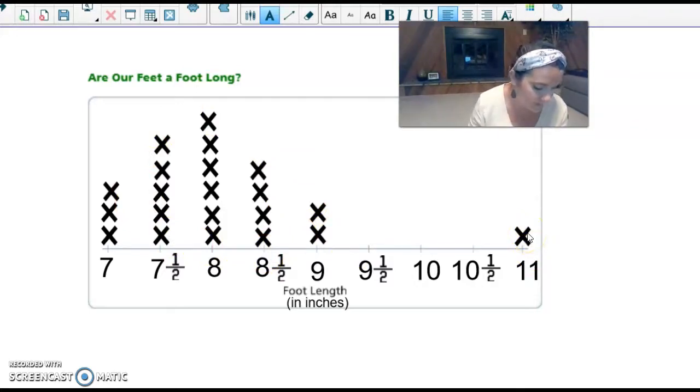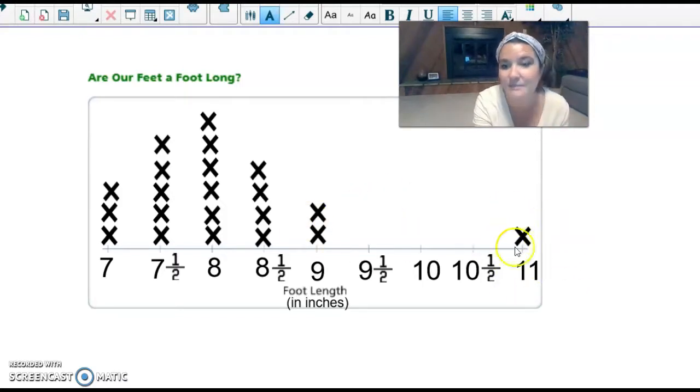Okay. Where is there few data? Where's the fewest pieces of data? Where's the fewest number of students? You're right, 9 inches. I'm sorry, that's not right. 11 inches, because only one person has 11 inches. Then 2 people have 9 inches.